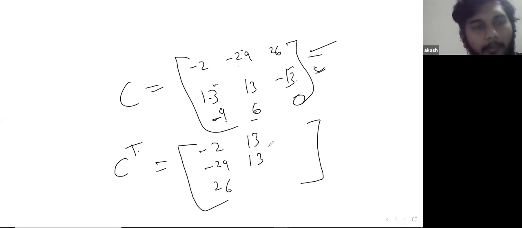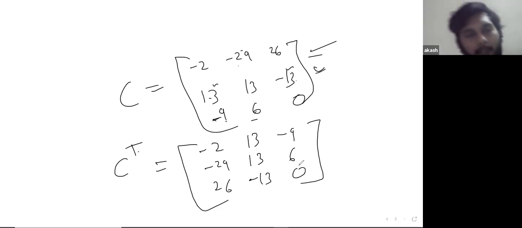Yeah, top row becomes column, and in that order, all the rows become columns. -6, 6, 0. This is what we get. This is the fourth step, right? We are clear? All the 4 steps.